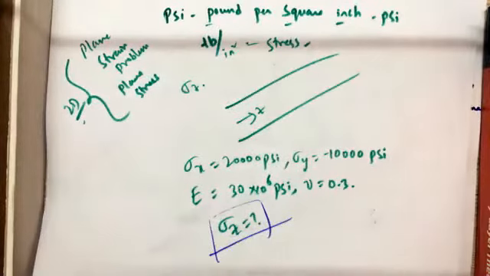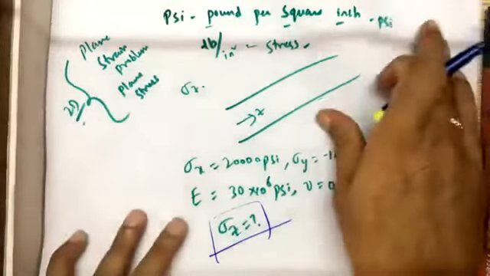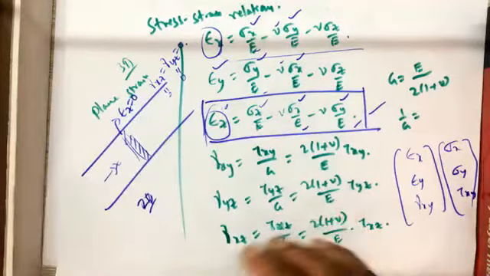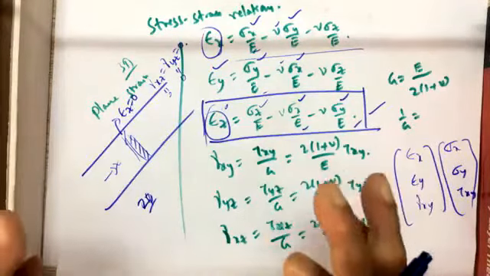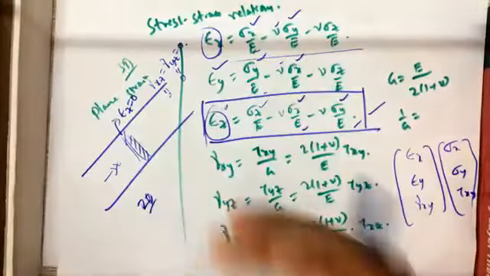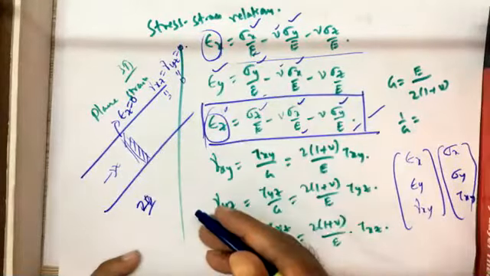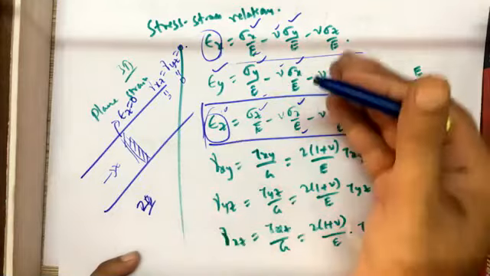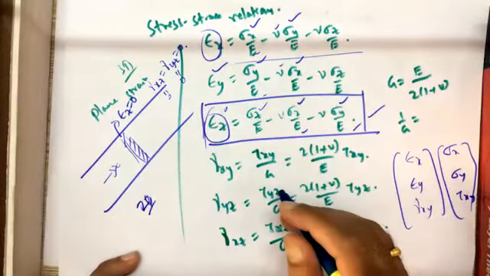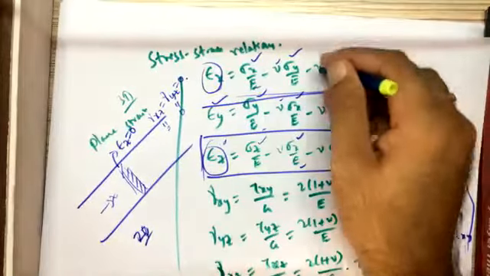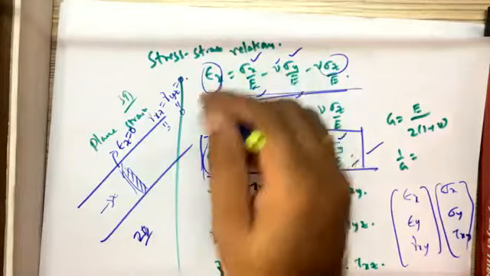Whenever you get plane stress or plane strain problems, just go back to the three-dimensional stress-strain relations. Whether it is plane stress or plane strain, you just go back to these equations, which you already know from your strength of materials, and substitute. I could of course take this other equation, where I want sigma z and know sigma x and sigma y, but I do not know epsilon x.